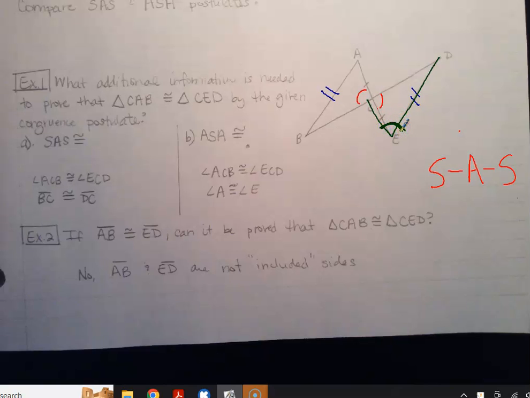So no, because it's not the included angle. So if we look at it that way, they're not included. Does that make sense? Again, they have to touch. Goes side, touches, angle, touches, side. We got it?